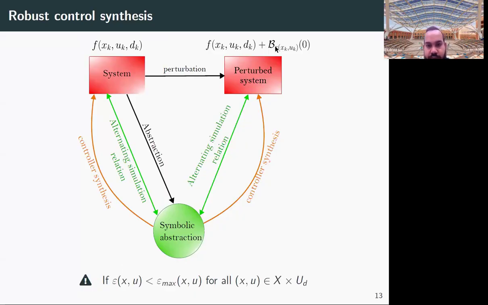If this epsilon that we have used here, this perturbation, is lower than the maximal robustness margin we have defined, then we guarantee that we also have the alternating simulation relation between the same symbolic abstraction, so we don't need to recalculate the symbolic abstraction. And the second thing is that the same controller synthesized for the abstraction can be refined back to this perturbed system. This gives us robust controller synthesis, so these controllers can be robust to these perturbations.